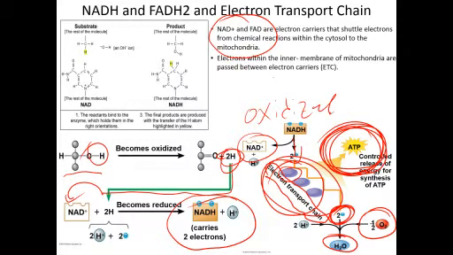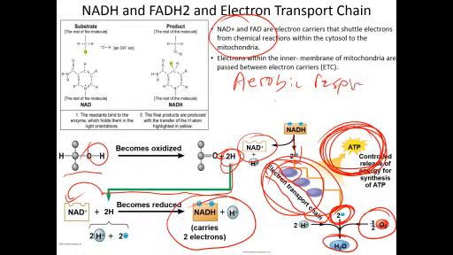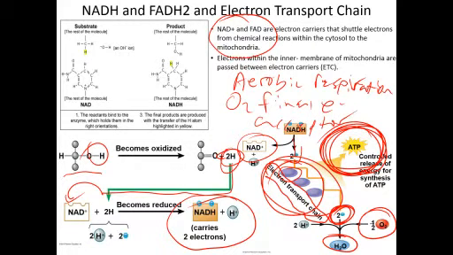So when you're talking about aerobic respiration, oxygen is the final electron acceptor, because the very last step involves transfer of the electron to oxygen, and you end up with water as a product.